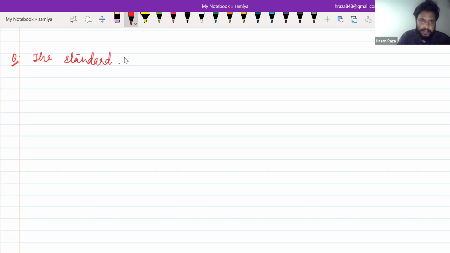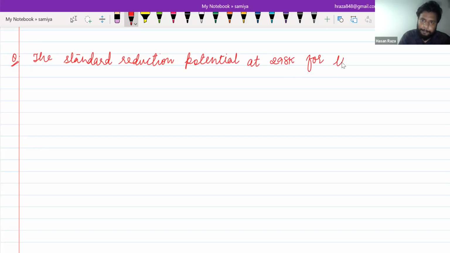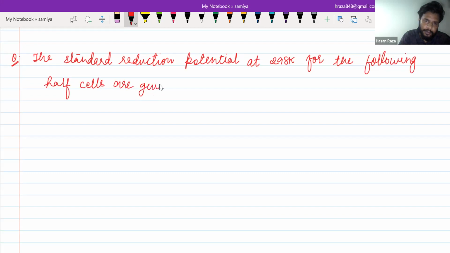The standard reduction potentials at 298 Kelvin for the following half cells are given.